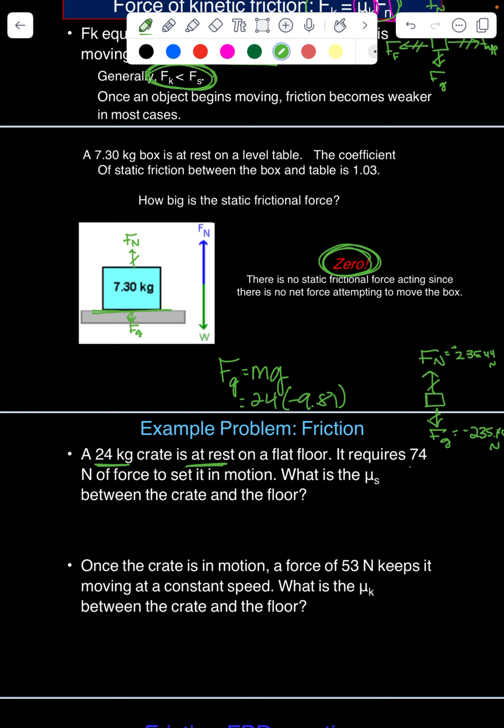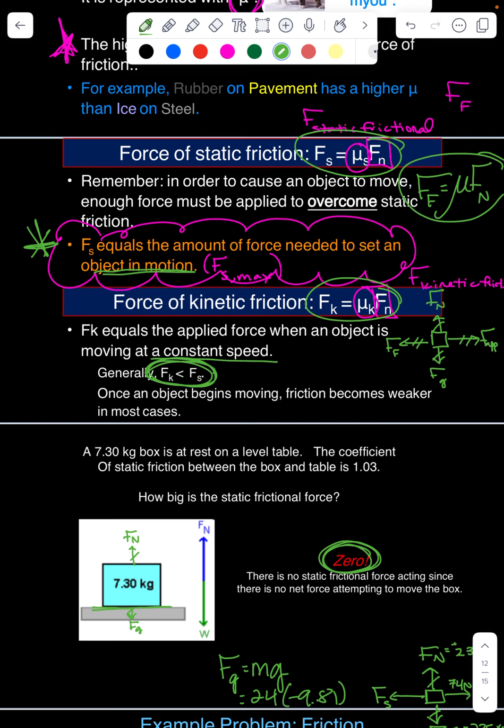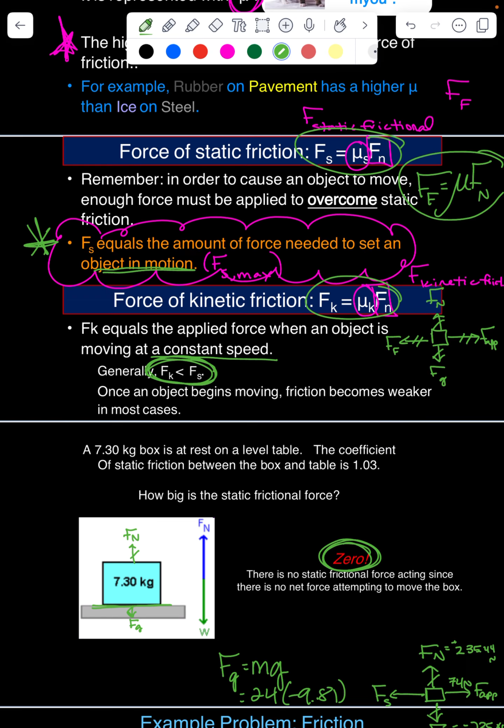Now, we're still not done. It requires 74 newtons of force to set it in motion, so we have an applied force of 74 newtons. Remember, our static frictional force is the amount of force needed to set an object in motion.